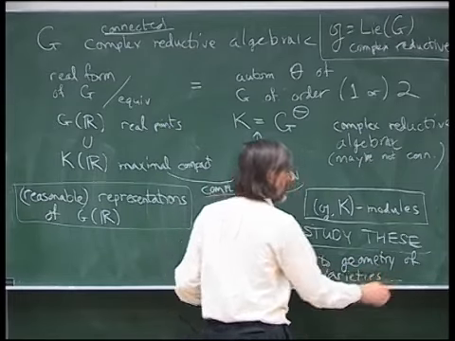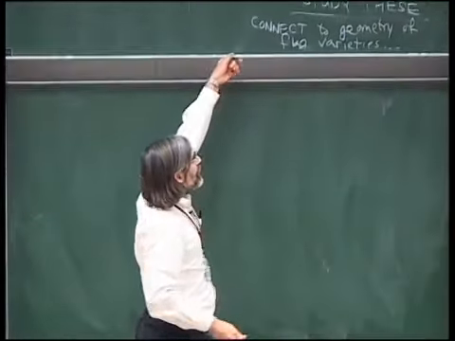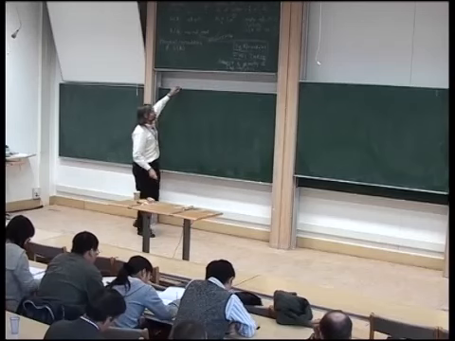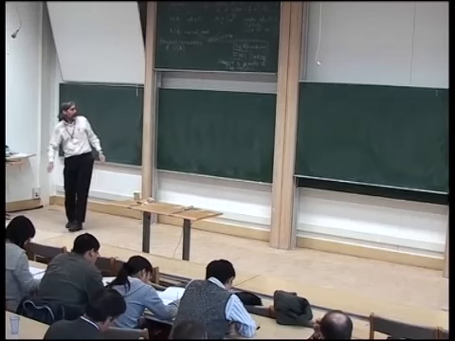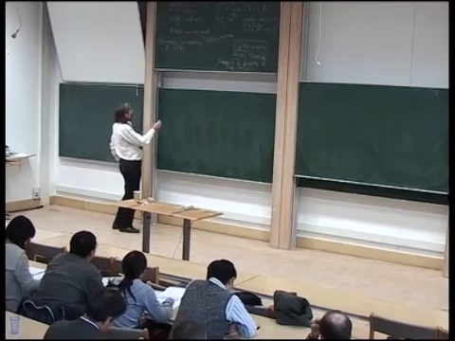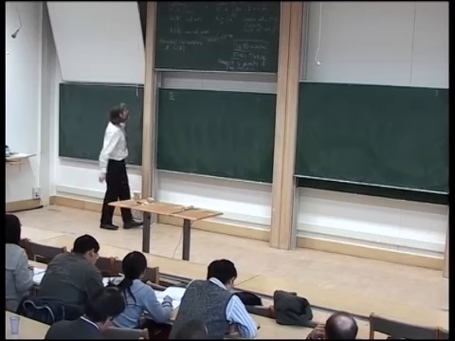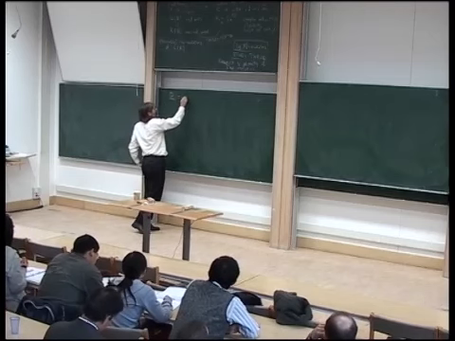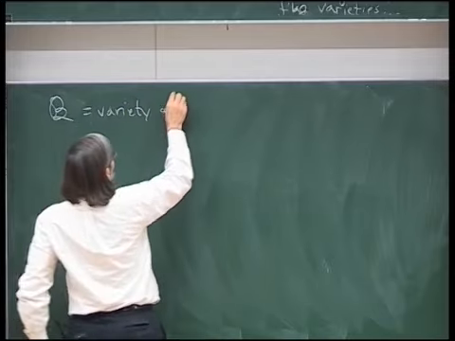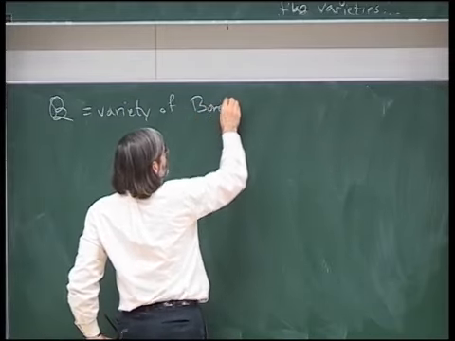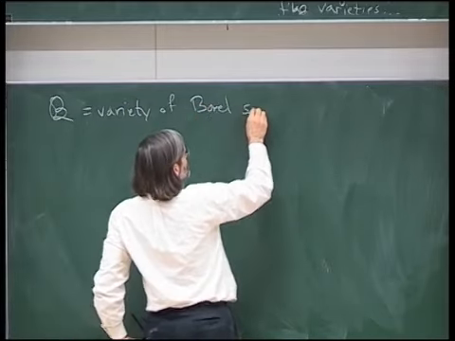So here's how this works. Let me, I think maybe it's safe to write B for the variety of Borel subgroups of my group G, so this is a projective algebraic variety.